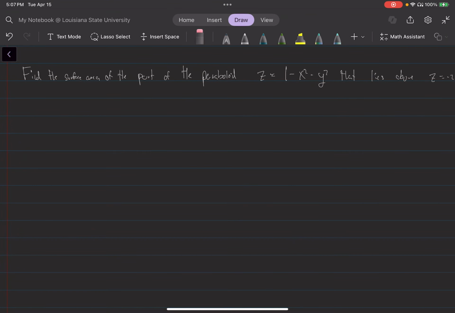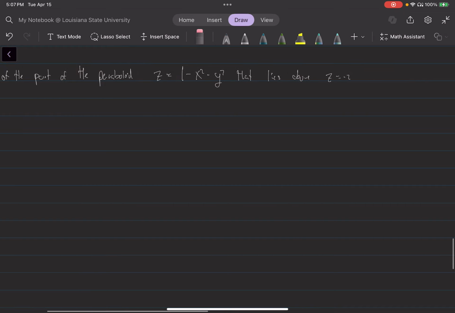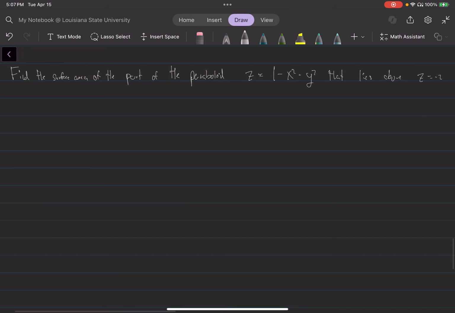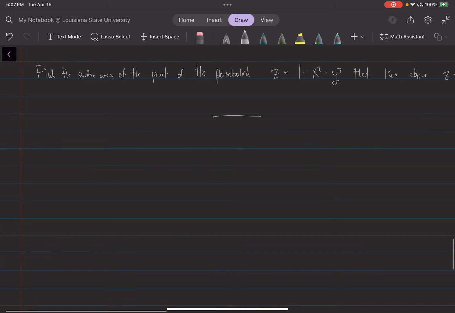Okay, so we're asked to find the surface area of the part of the paraboloid z equals 1 minus x squared minus y squared that lies above the plane z equals -2. To sketch what this would look like, we have a paraboloid in the xyz plane opening downwards because of our negative coefficients and shifted up by 1.